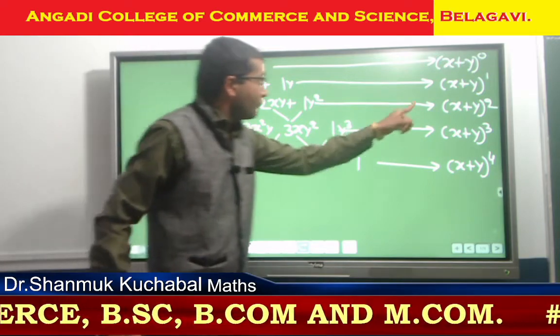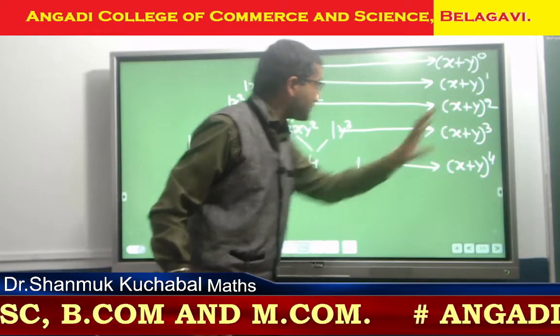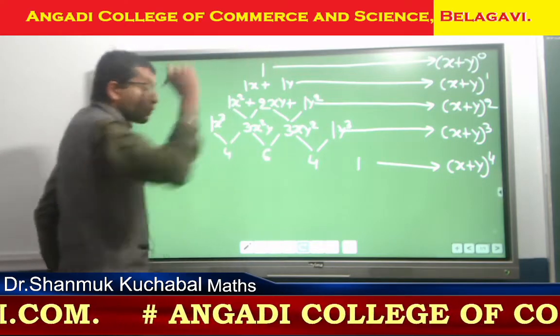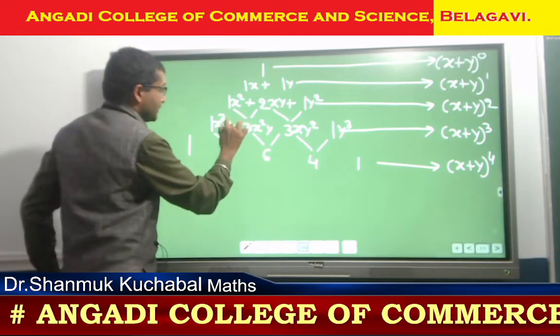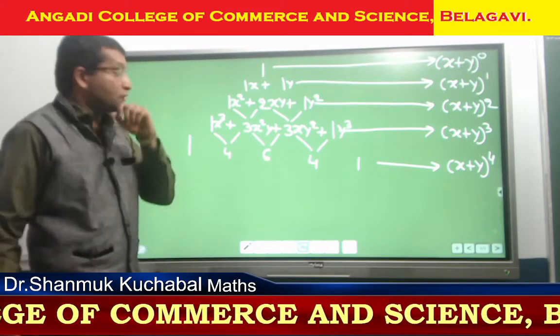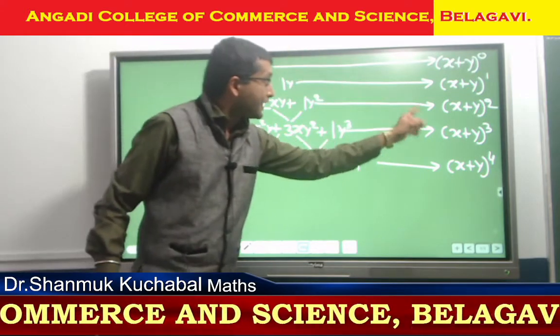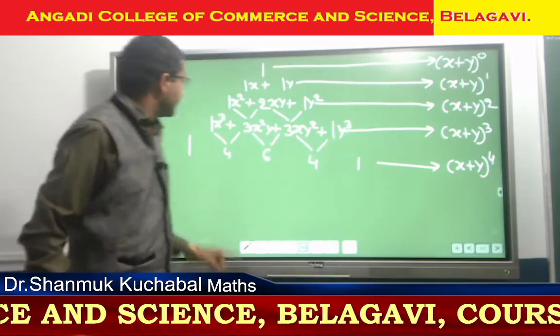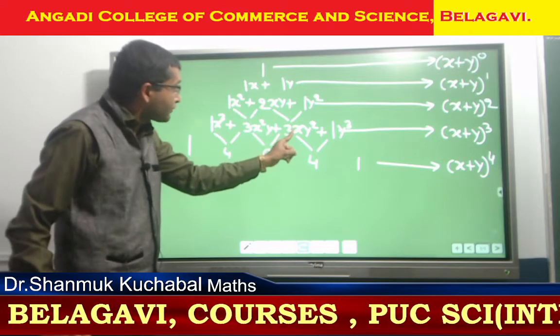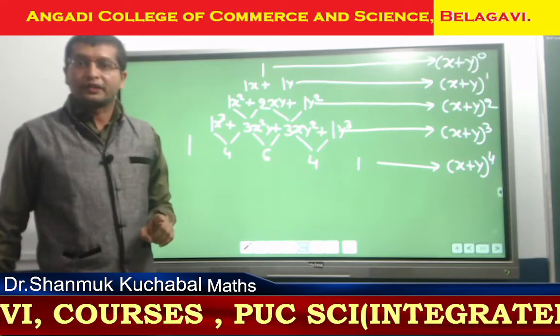This is the formula for (x plus y) raised to 3. Then we assign all the terms a positive sign. So the formula for (x plus y) raised to 3 is x cube plus 3x square y plus 3xy square plus y raised to 3.